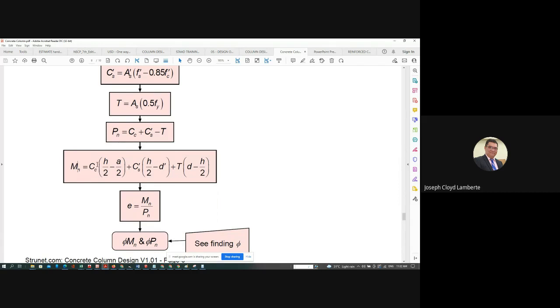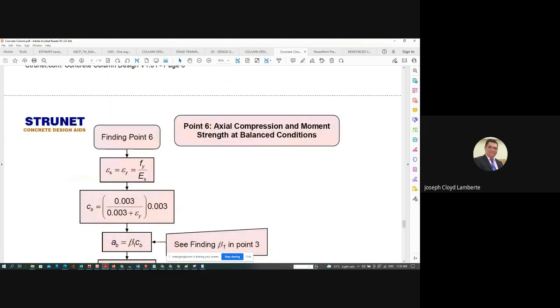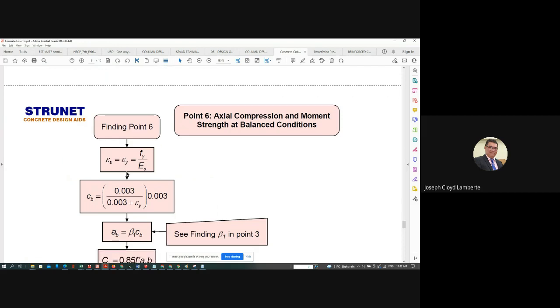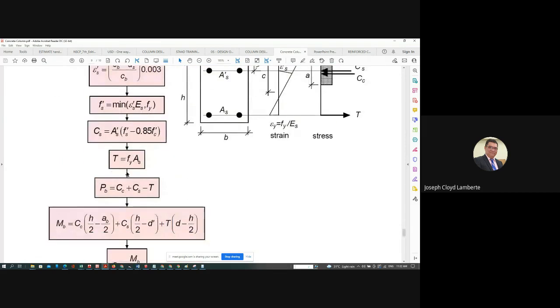Y-axis, x-axis. Point 6, axial compression and moment strength at balance condition. So ang balance condition is ang imong ES is equal to EY na gid karon, no? So again, makuha na sad nimo ang imong axial load balance o moment balance.